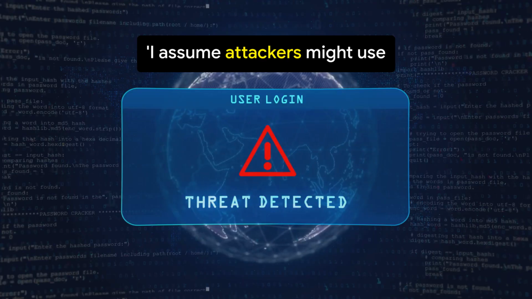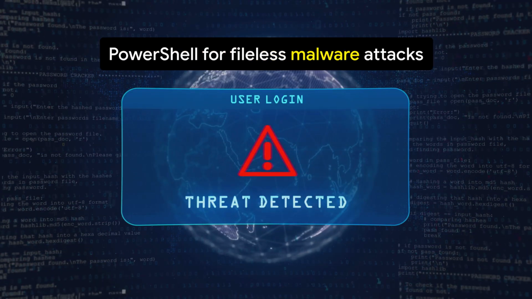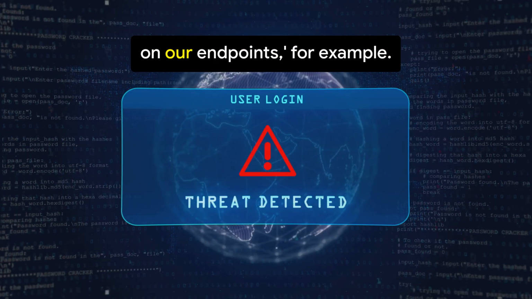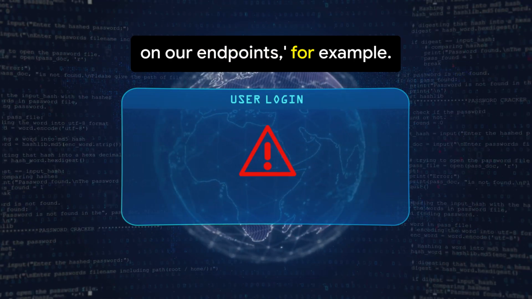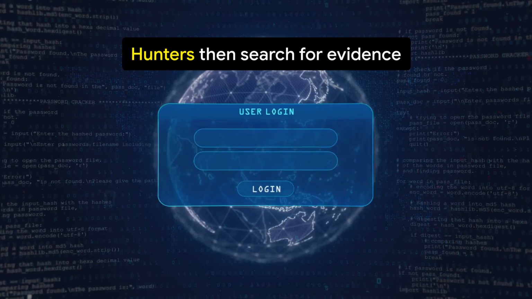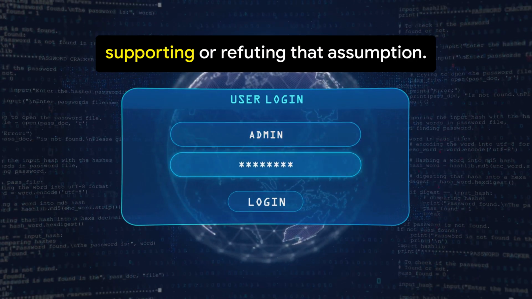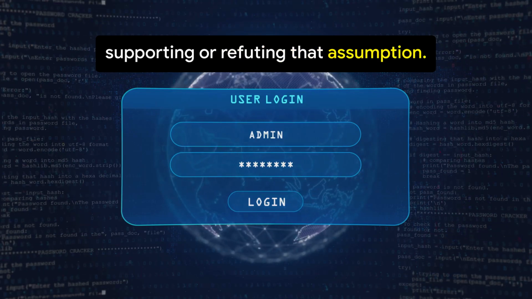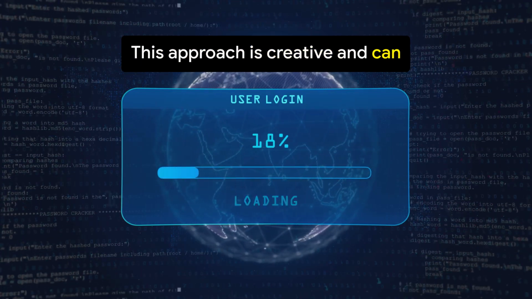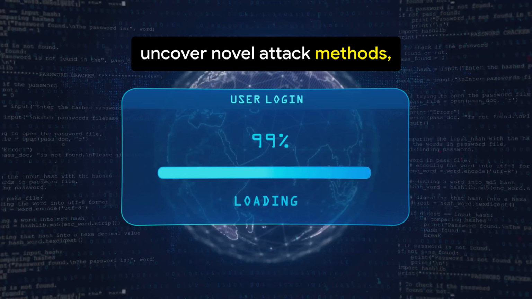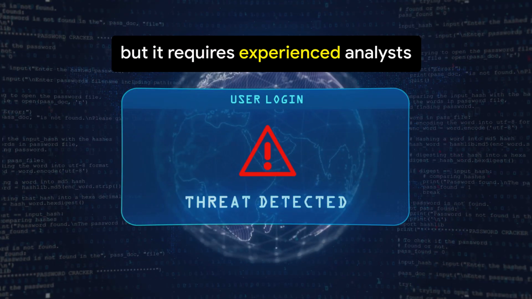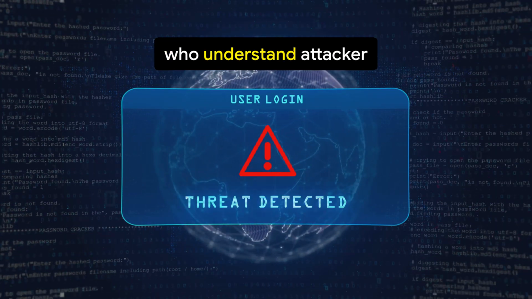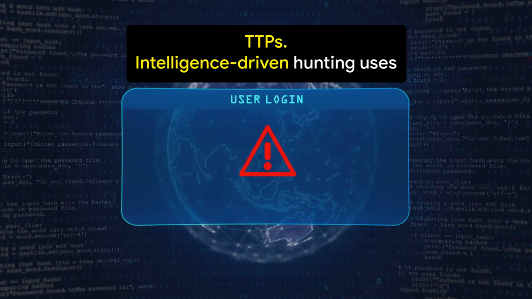I assume attackers might use PowerShell for fileless malware attacks on our endpoints, for example. Hunters then search for evidence supporting or refuting that assumption. This approach is creative and can uncover novel attack methods, but it requires experienced analysts who understand attacker TTPs.